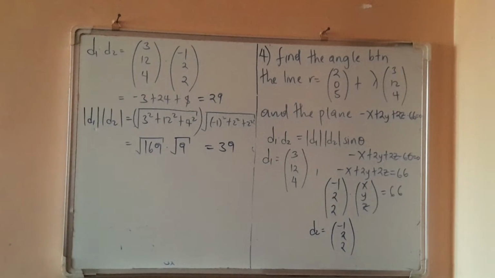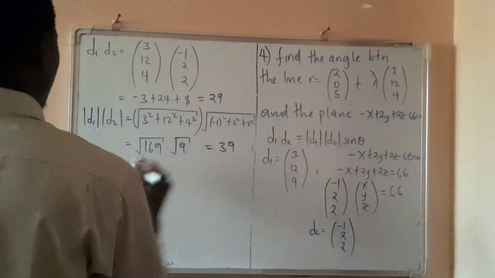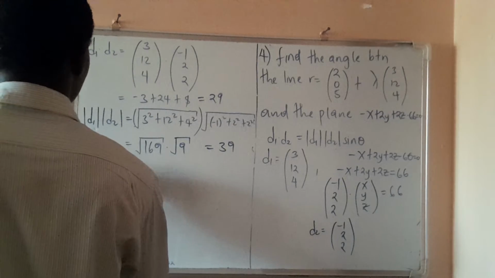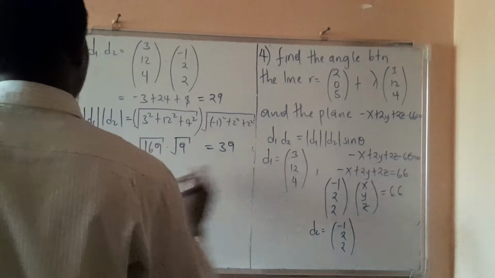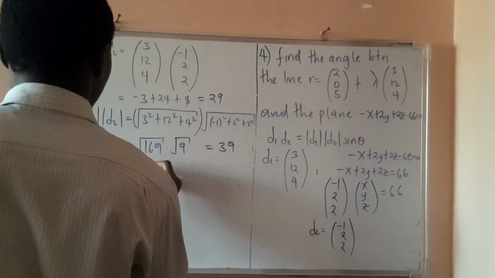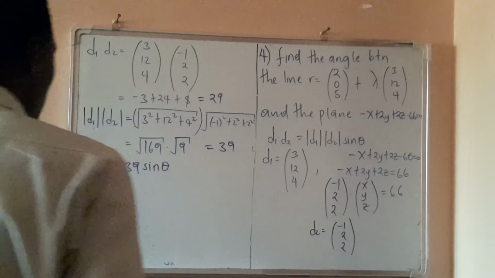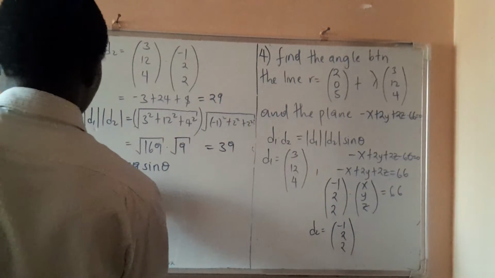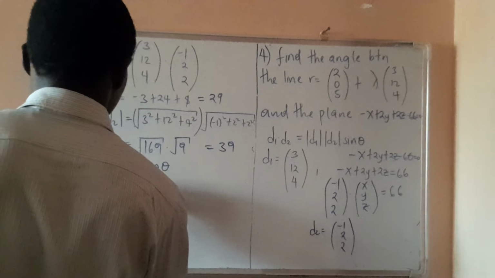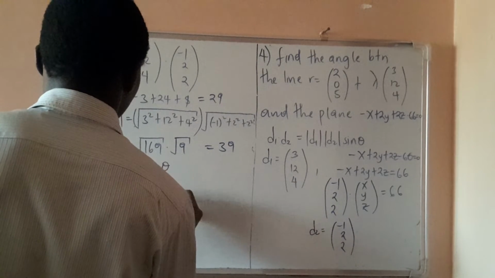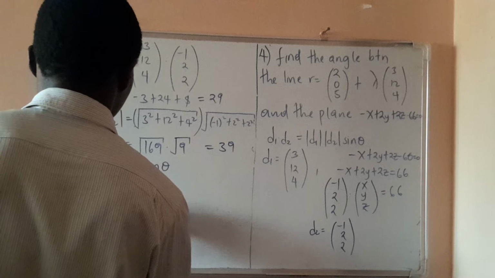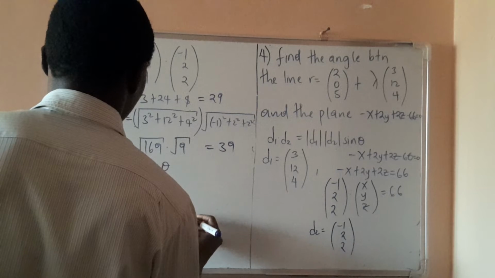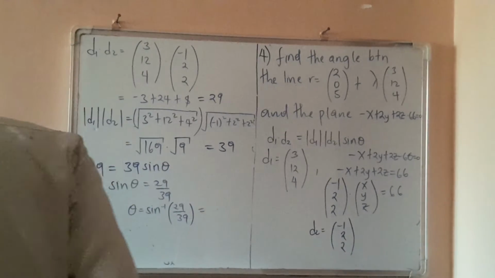Now we can substitute back in the formula. So D1 dot D2, that is 29, equals this product here, 39, multiplied with sine theta. So make sine theta the subject. Sine theta is 29 over 39. So theta is the arc sine of 29 over 39.